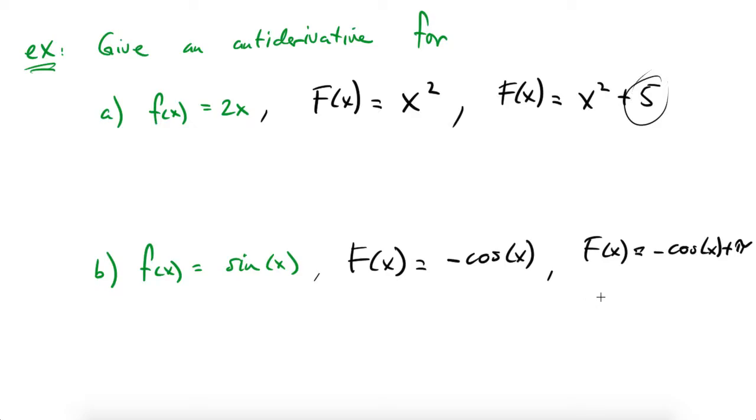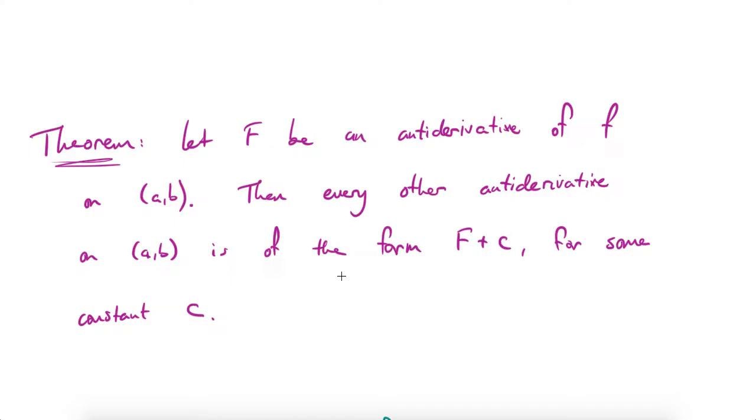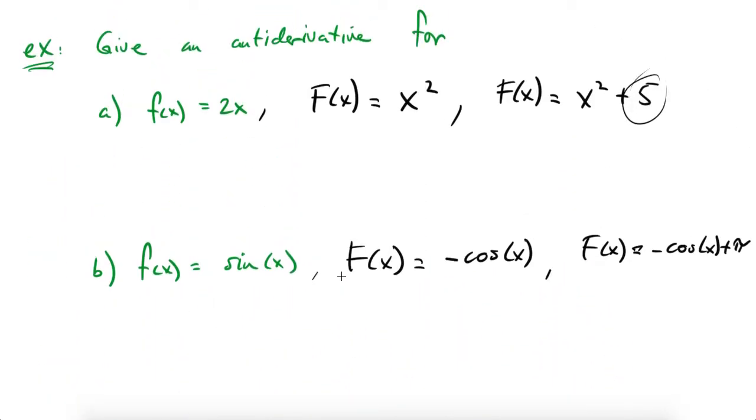It's a function that when you take its derivative, you get your original function. Okay, fine. Well, here's a quick theorem that says that if you have any antiderivative, like plus 3 or plus 7 or whatever, every other antiderivative is of the form F plus C. So basically what that says is there's no antiderivative for 2x that doesn't use x squared, right?